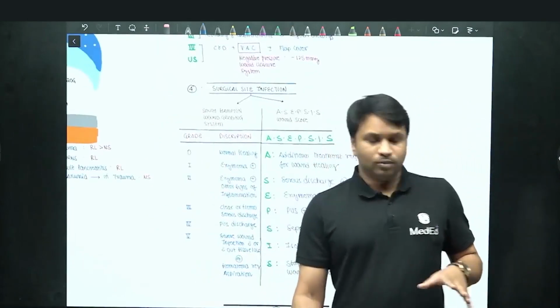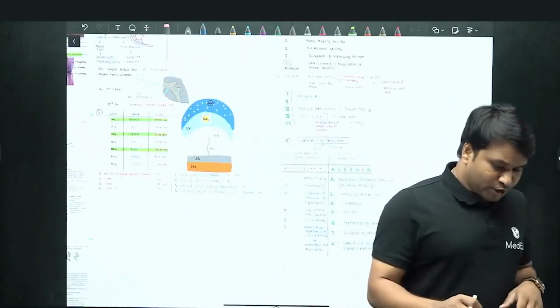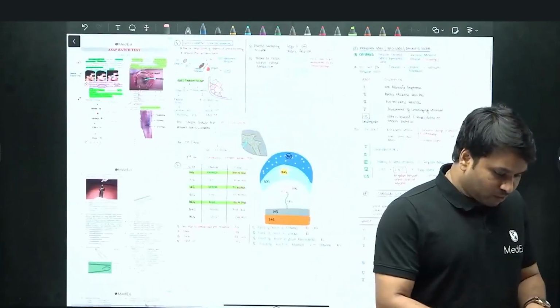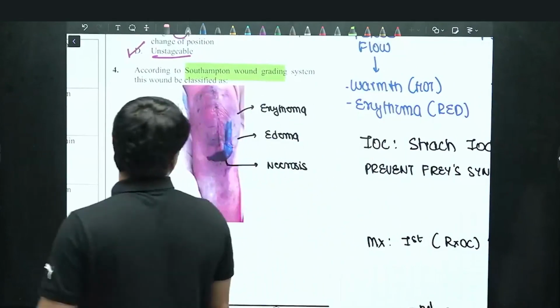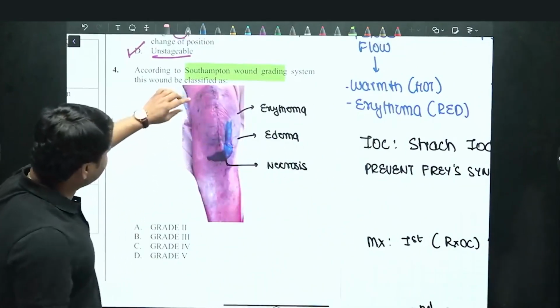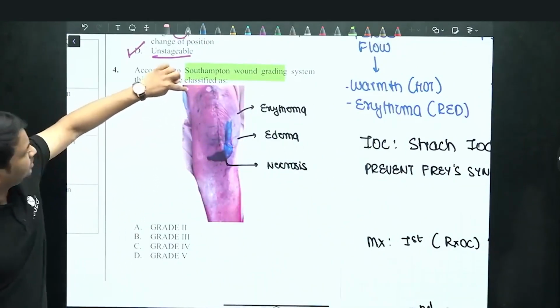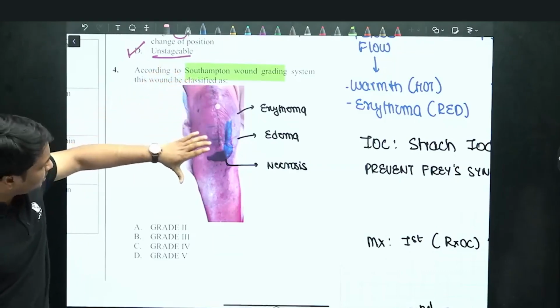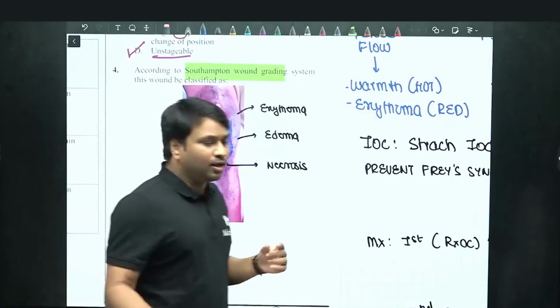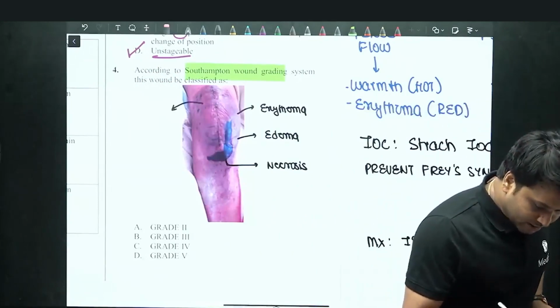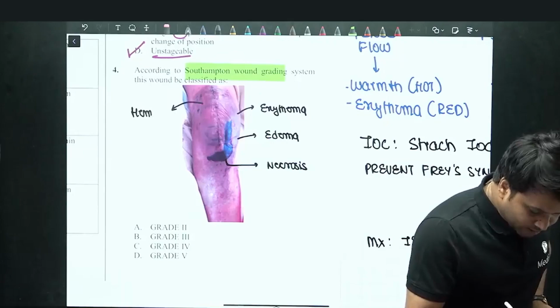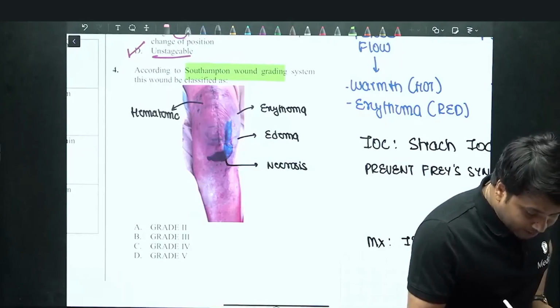Now, coming to our question, in what category will you look at this? If you look at this particular image, along with erythema, this demarcation, you can see normal skin, and this is all that excessive fluid with the blood. So it's presence of hematoma also, right? This is an extensive hematoma, and this requires aspiration.